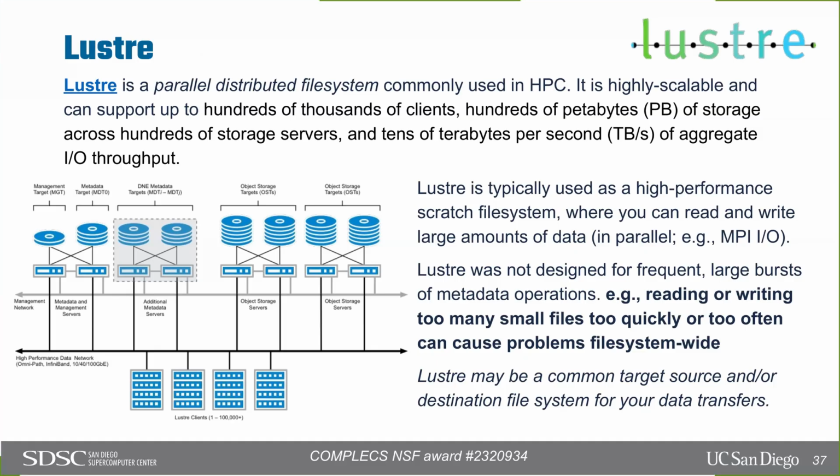It all looks the same, like you have that POSIX interface accessing files and directories. But what's going on behind the scenes is that the metadata is separated from the actual data in your files.